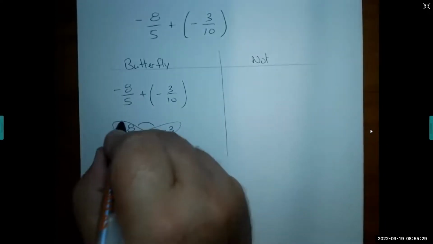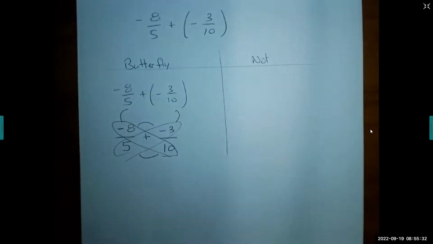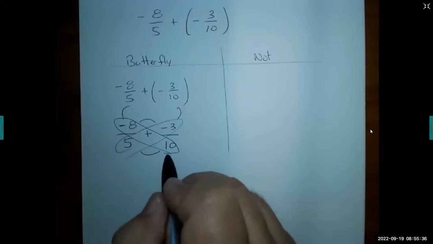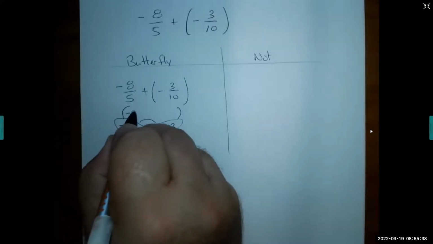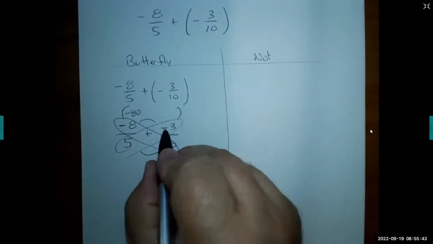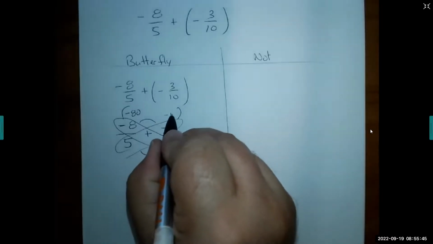Now we could. So diagonally, -8 times 10 is -80. -3 times 5 is -15.